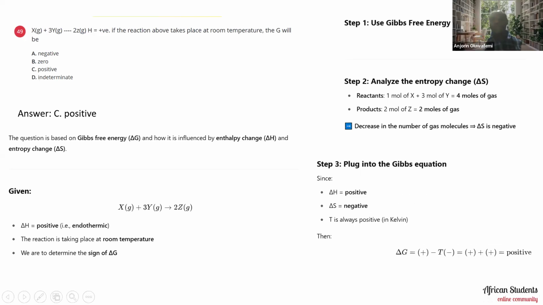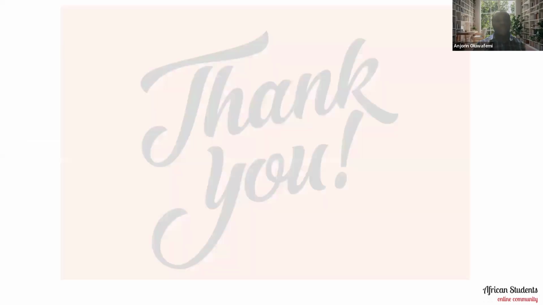And therefore, plug into the Gibbs free energy equation. Delta H is positive, delta S is negative, T is always positive in Kelvin. Then delta G equals plus minus T times minus, which equals plus plus plus. That's positive. So for this one, the delta G will be positive, okay?